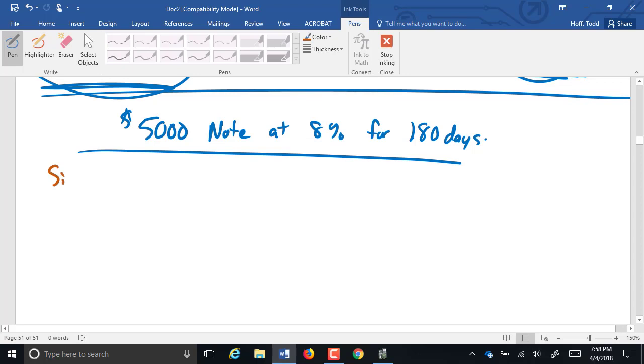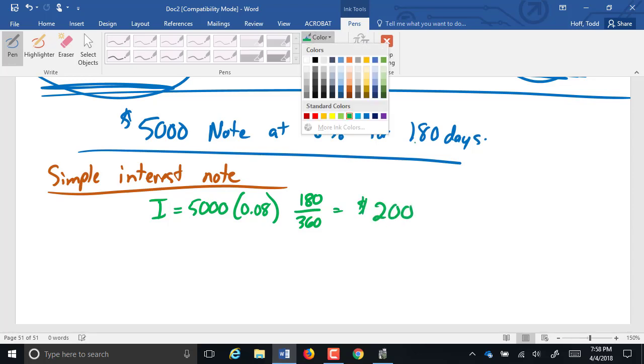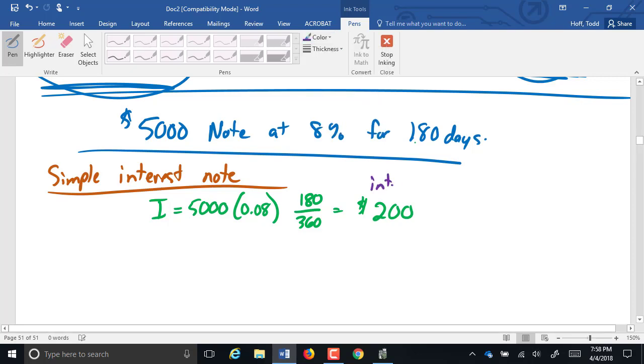If that is a simple interest note, which is what we've been working on, the interest is found by doing $5,000 times 0.08 times 180 over 360, which gives us $200 in interest, correct?